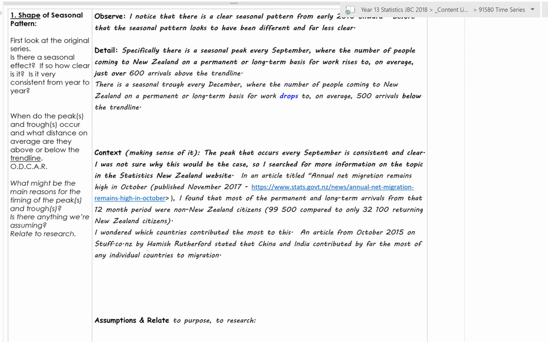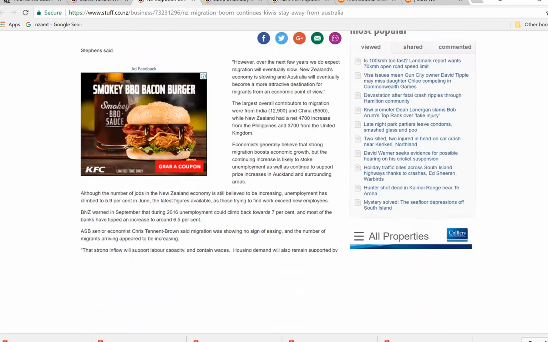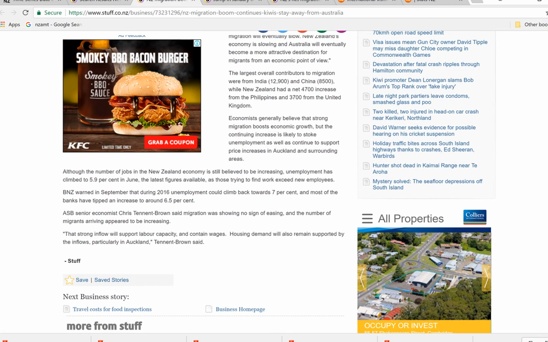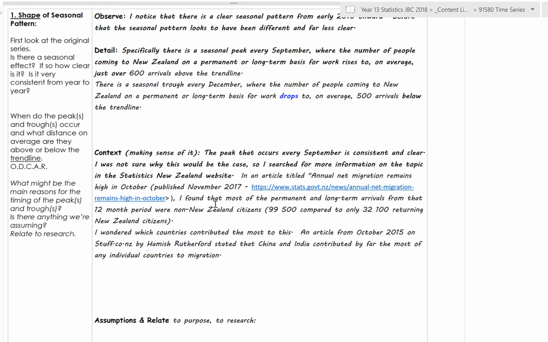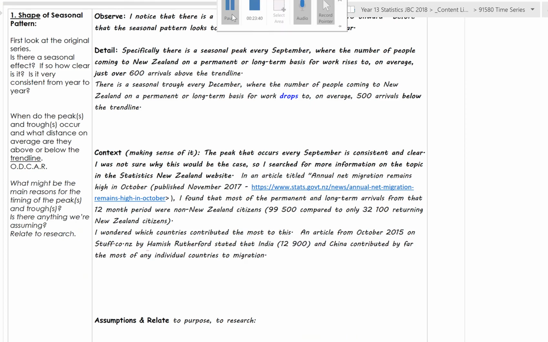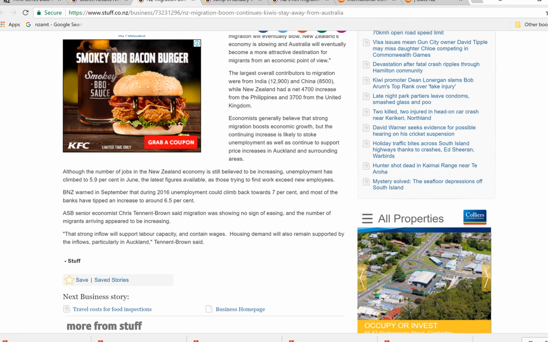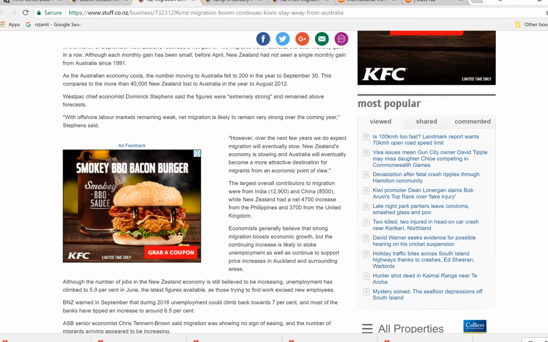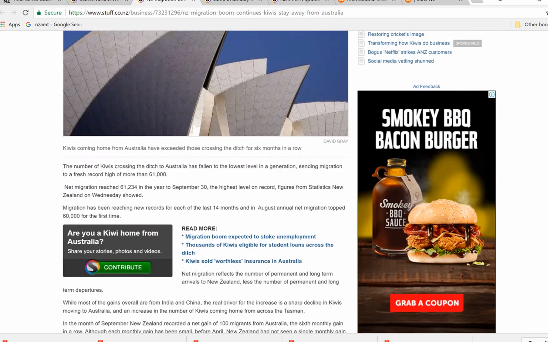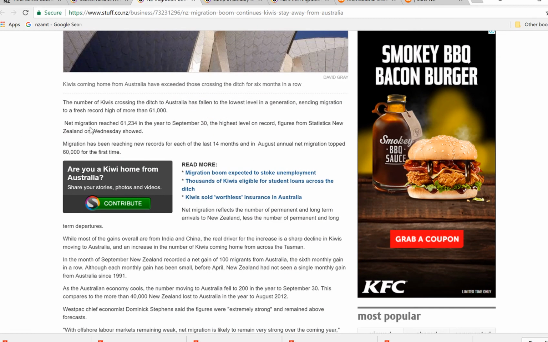And so I need to get some numbers to back that up. So I'm just going to put in the numbers from the article, which was 12,900 from India and 8,500 from China. And that was for the year to September 30.